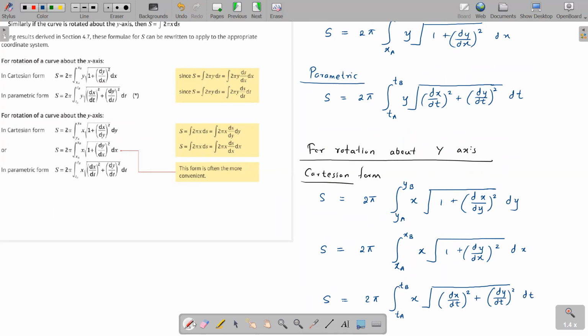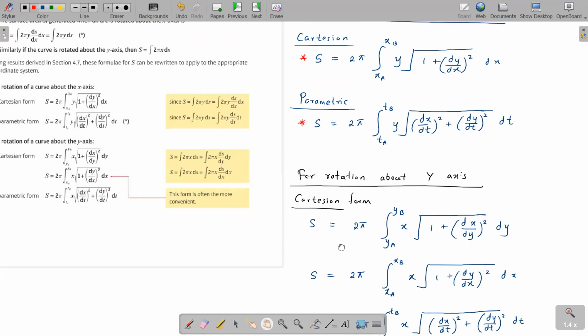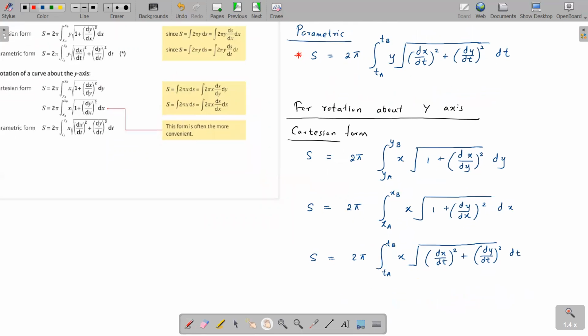So these are the equations. We mostly get tested for rotations about the x-axis, so these two are the main equations that you especially need to know. But in the event they say rotation about y-axis, you must know these equations as well to survive. Some of these formulas are given in your formula book as well. You can check on it and see.